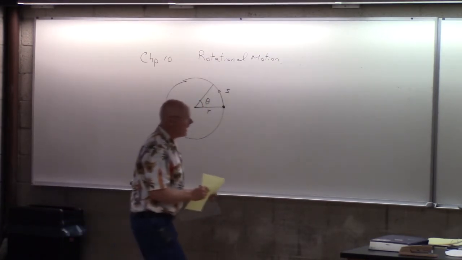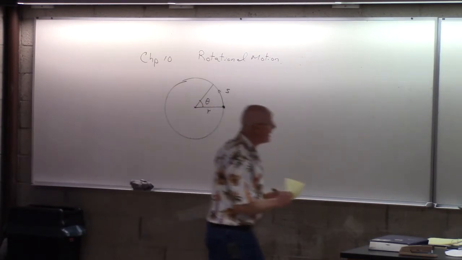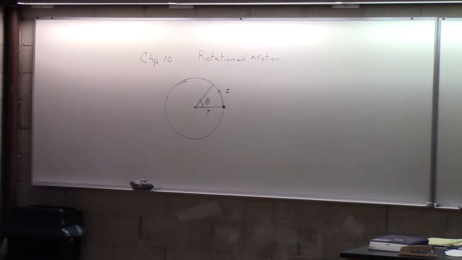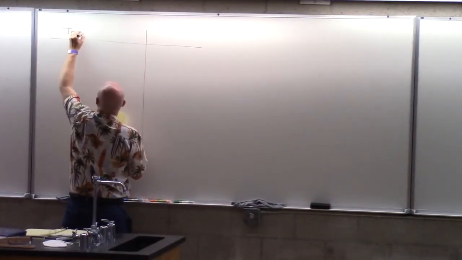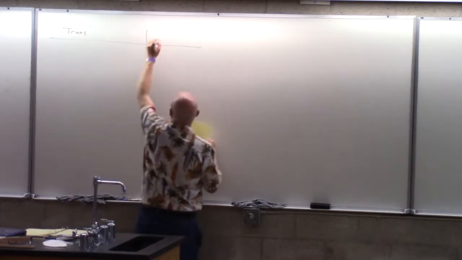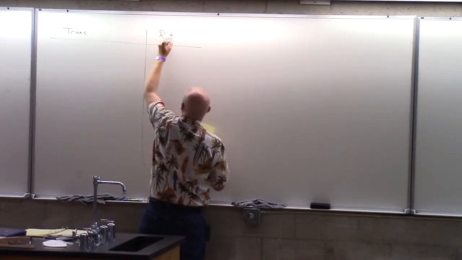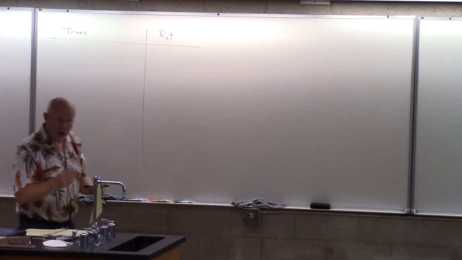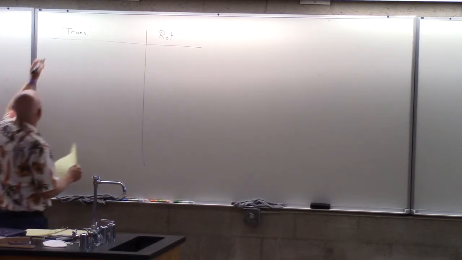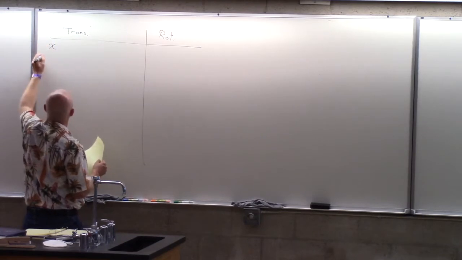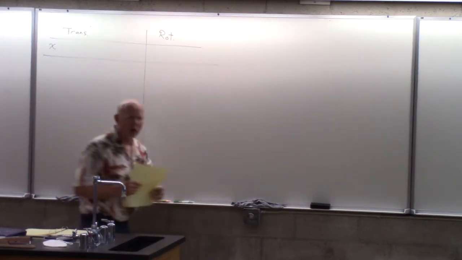theta, and really kind of the best way to do this is maybe I'll start making a chart right here, and I'll say, all right, when we were working with translational motion, and how does that compare to our rotational motion? So when we were doing translational motion, we talked about like this thing X, like its position.